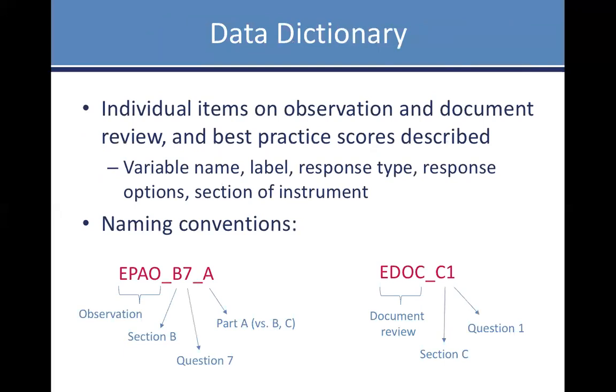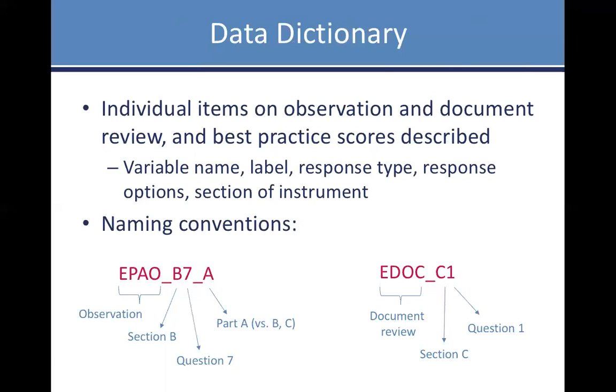In terms of the data dictionary, we try to have some conventions for naming variables, and this allows us to keep consistency so that users can quickly identify what section of the EPAO we're dealing with and what the different levels of hierarchy are. For the left-hand side of the names, we have either EPAO or EDOC.